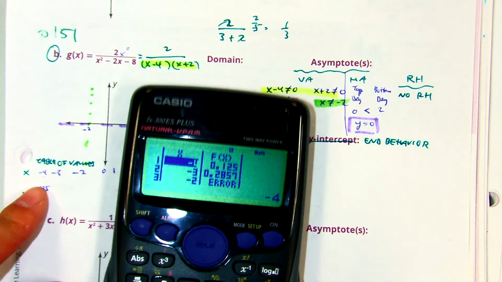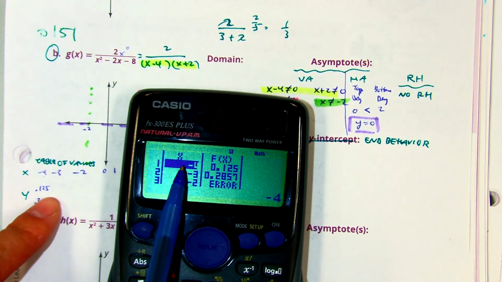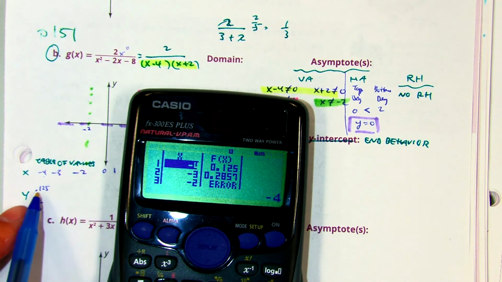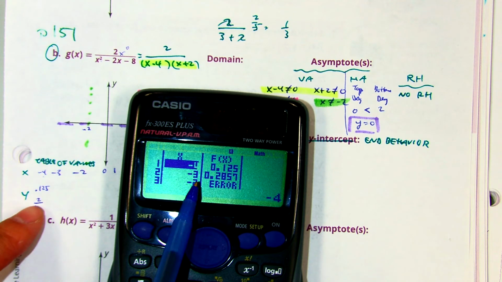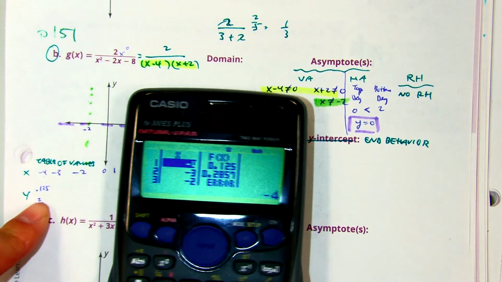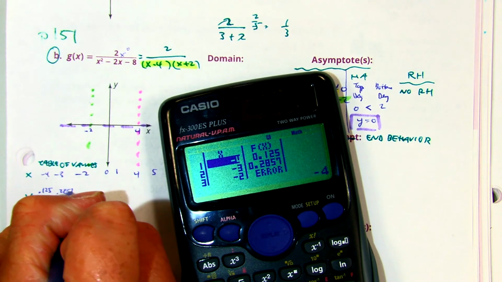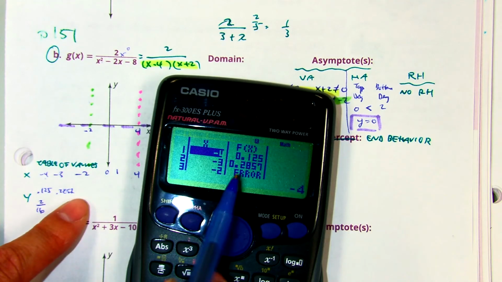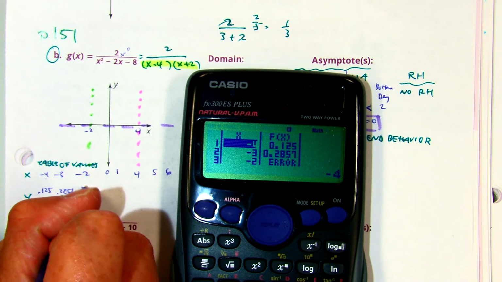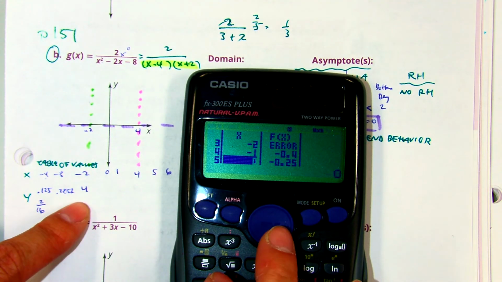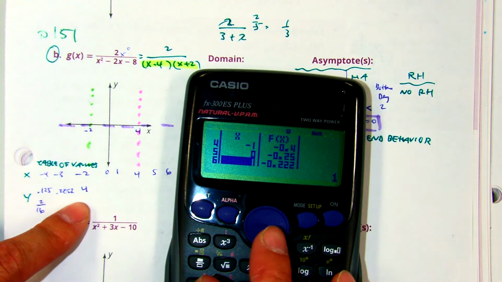There's all my answers. -4, positive 0.25, -3, 28, 57. And -2, we already know that it's undefined. That's why it says error, so I'm going to put a U. At 0, I have -0.25.